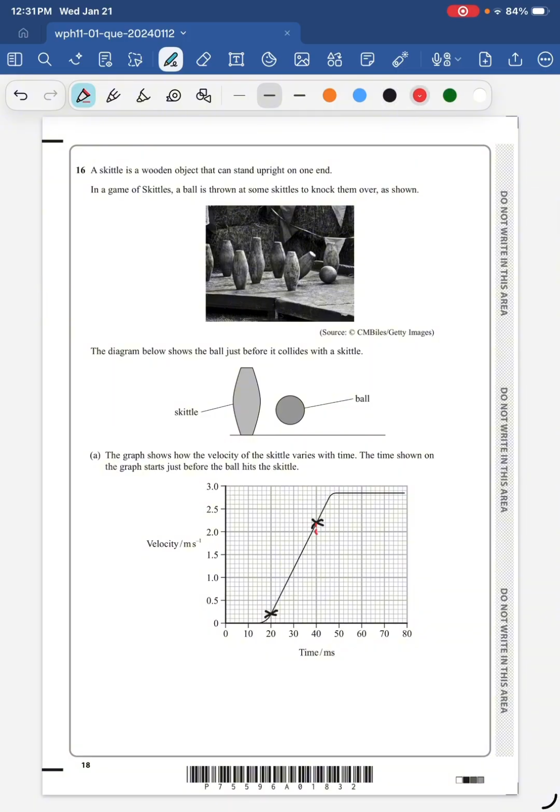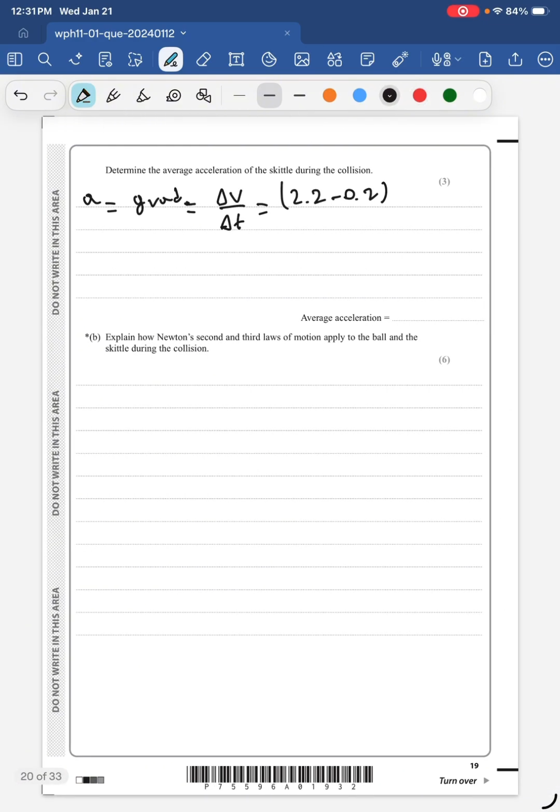So I was wise when I chose these points 2 years ago. 2.2 meters per second occurs at 40 milliseconds, and 0.2 occurs at 20 milliseconds. So let's subtract those. 40 minus 20, it's milliseconds, so we have to multiply by 10 to the minus 3. So we find 100 meters per second squared.